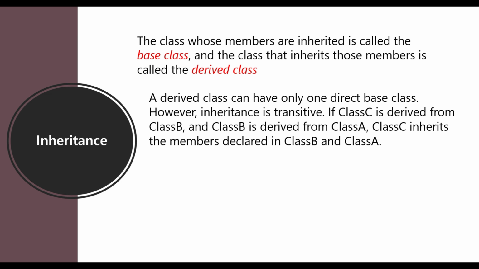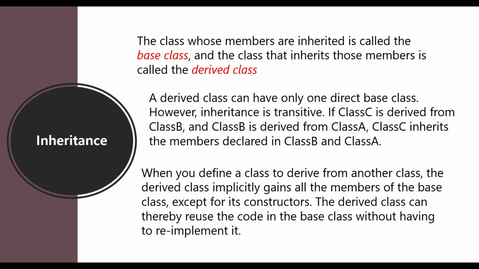However, inheritance is transitive. So this means that if class C, for instance, is derived from class B, and class B is derived from class A, class C inherits the members declared in class B and also in class A, because as said, inheritance is transitive. And I think on the next slide we will also see a graphical representation of how this works.